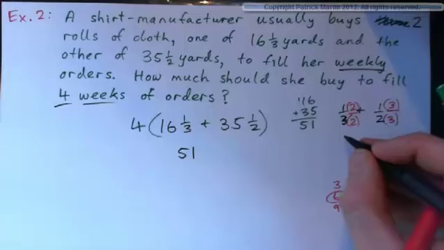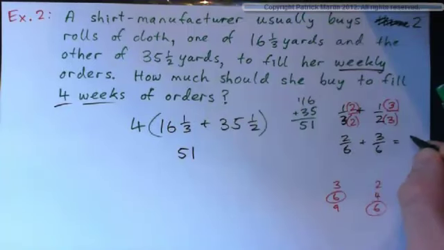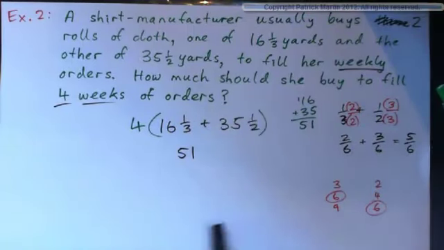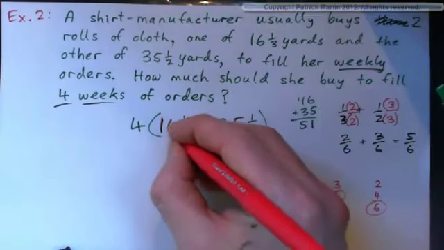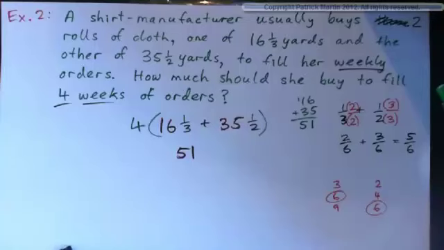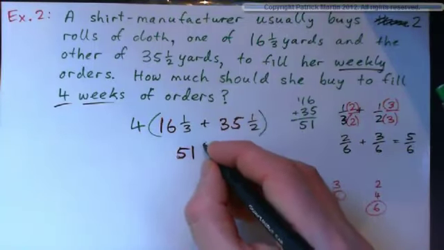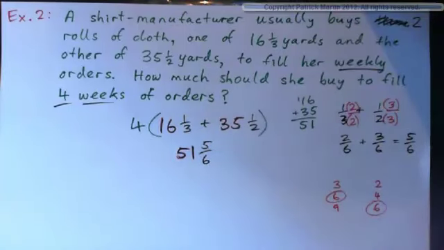So we've got 2 sixths plus 3 sixths, which is how many sixths? 5 sixths. Okay. So I took the 16 and the 35 and I got 51. I took the third and the half, I added them, I got 5/6. So this is 51 and 5/6, isn't it?